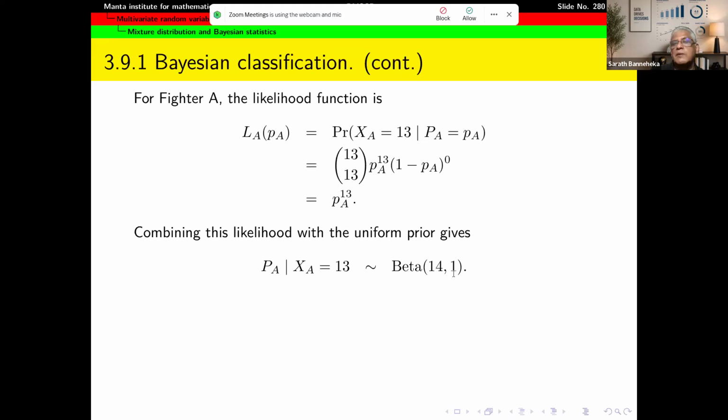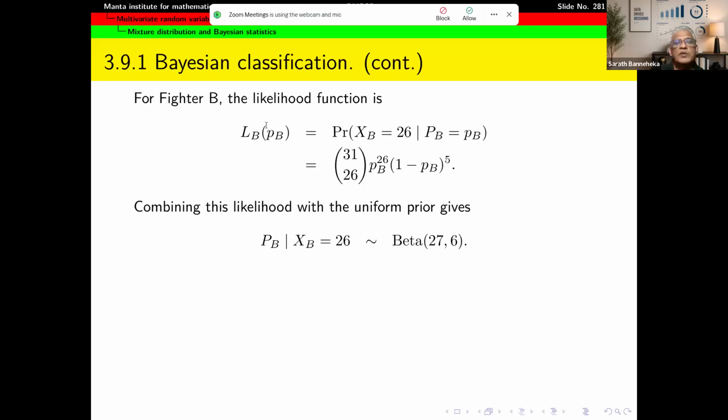We did a similar derivation in the previous example in part 1, so I encourage you to go and look at that derivation. I have given you some general results also. If you multiply this binomial likelihood function by the prior distribution, which is a beta distribution, then the posterior becomes again a beta distribution.